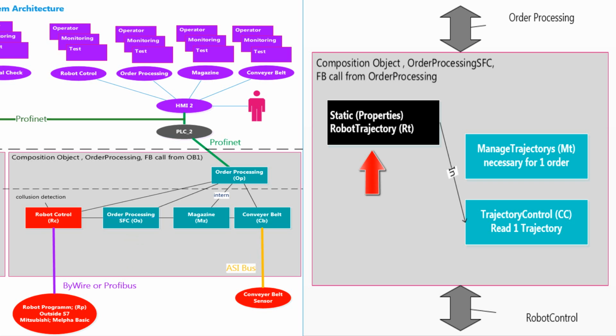In robot trajectory are all the information about the possible robot trajectories in our project. Trajectory control reads one trajectory that is now active. Manage trajectories manages the necessary trajectories for one order.